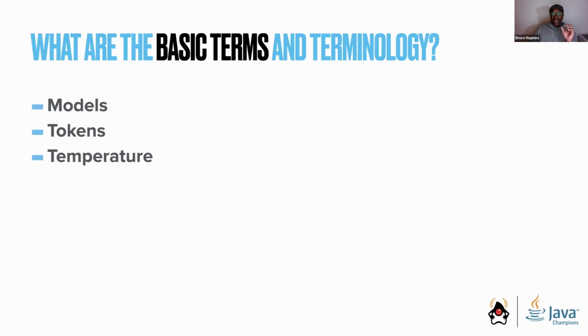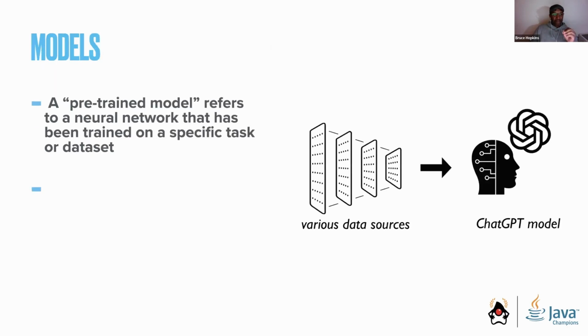We do want to have something we can get working in a very simple way. So we're going to talk about models, we're going to talk about tokens, and we're going to talk about the temperature, okay? So what is a model?